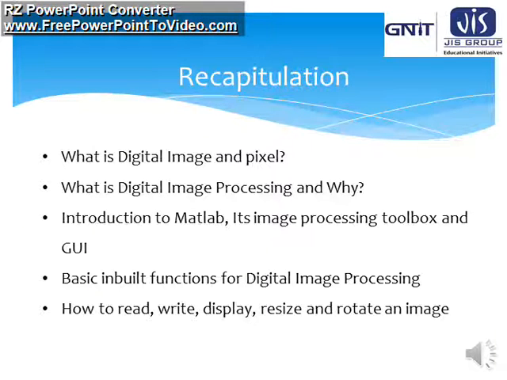So in the first part we have gone through several topics. Now we will recapitulate them and move forward. In the first part we covered what is a digital image and what is a pixel. The pixel is the smallest element of any digital image. Why digital image processing is so important was also described in the previous part.